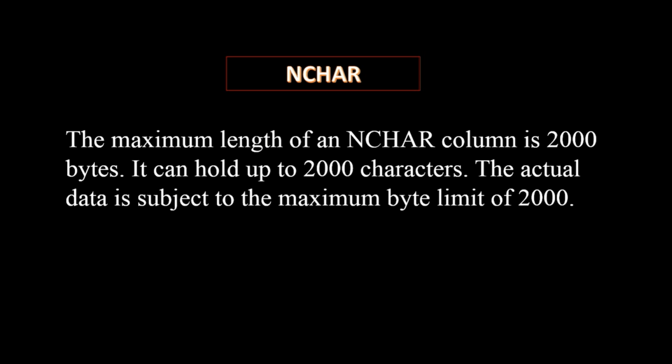It means that 8 bits is equal to 1 byte, and 1 byte is equal to 1 character. And nchar can store up to 2000 bytes, which means it can hold data up to 2000 characters. So the actual data is subject to the maximum byte limit of 2000, as we also discussed in char.